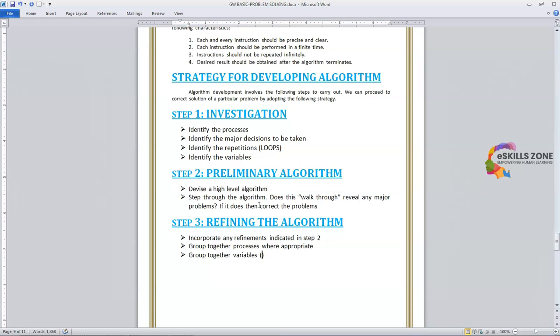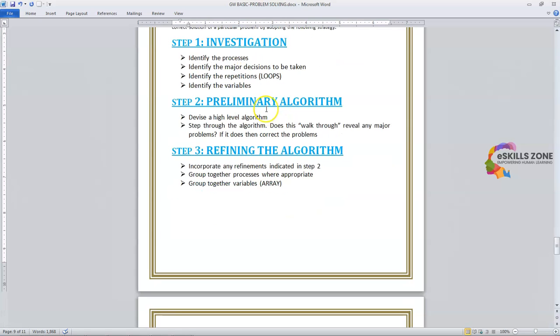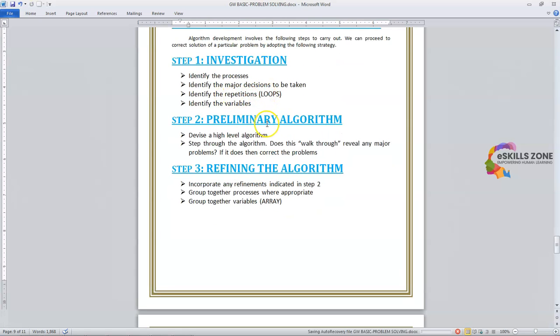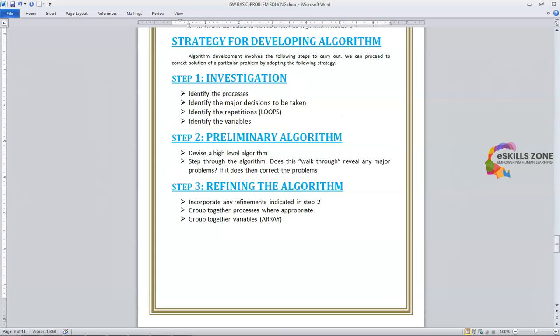Grouping together variables is called an array, like the loops, the repetitions, that I discussed over here, and the grouping together of variables is called an array in programming language. So I'm using the technical terms as well. Where needed, where appropriate, test the algorithm again by stepping through it.